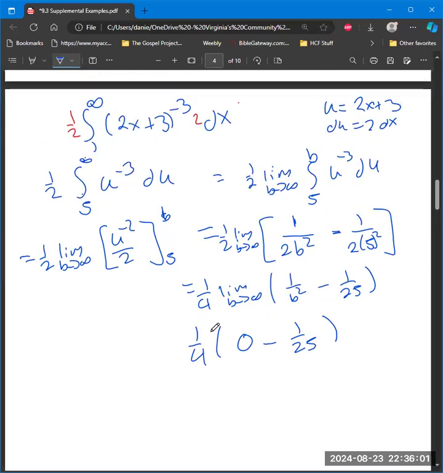See here, this should be a negative 2. This is a negative and a positive. That's 1/4 times 1 over 25, so 1 over 100.